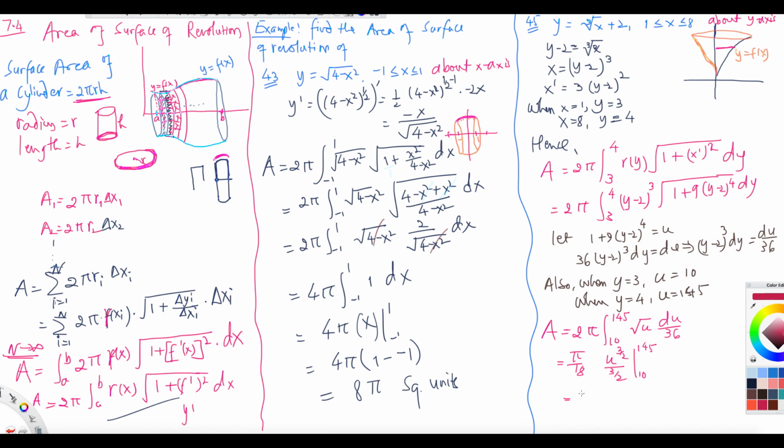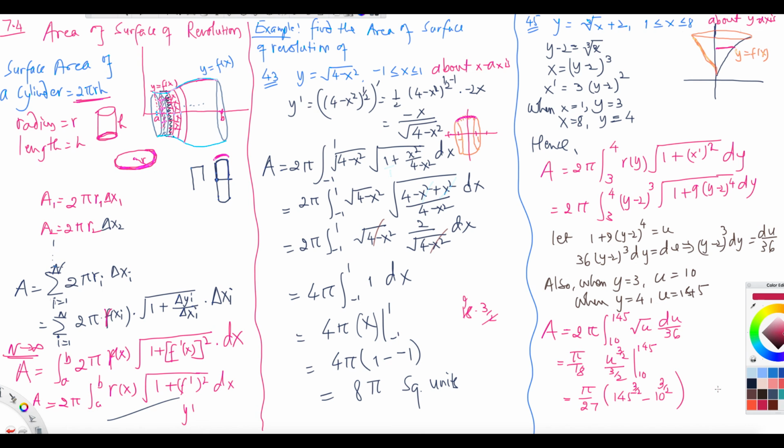This is 2/3, right? So it will be 2 pi over, how much is 18 times 3/2? 18 times 3/2 is 9 times 3, which is 27, right? So pi over 27 times (145 to the 3/2 minus 10 to the 3/2). That will be the final answer.